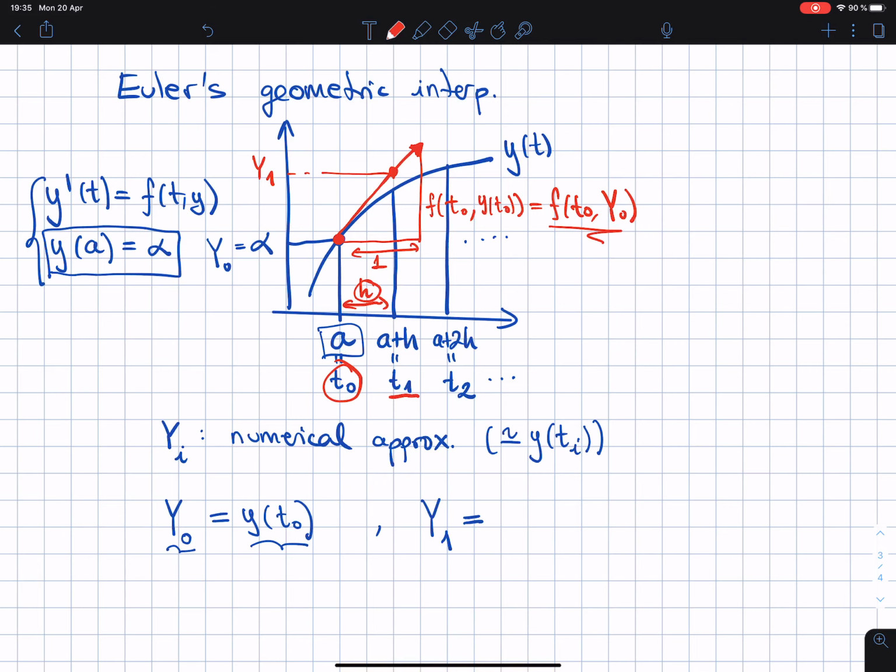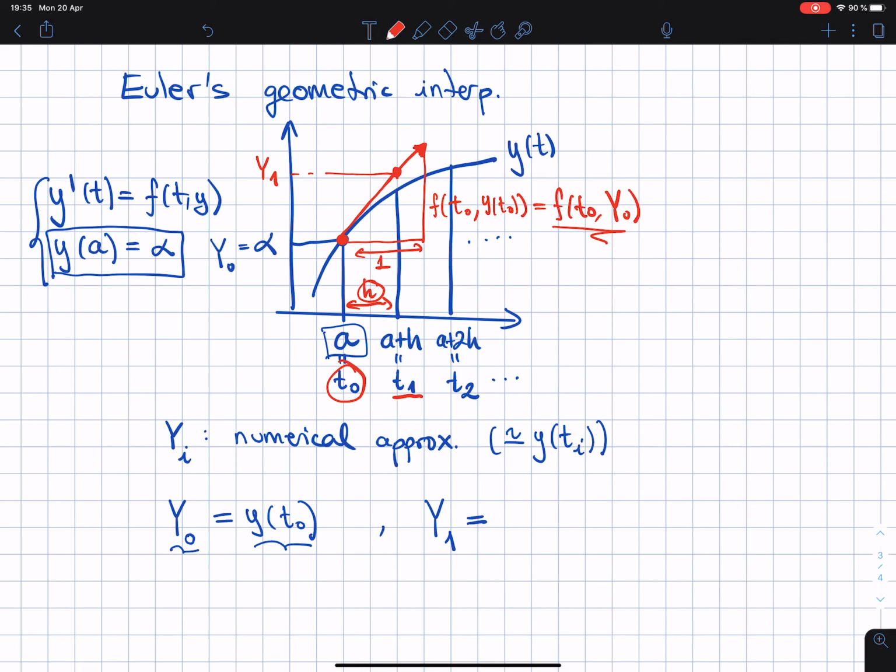Okay, so what we have done is that y1 is equal to, well, we will find the formulas later if you want, but the idea is that we moved from y0 a distance h, following the slope given by f at the previous point.